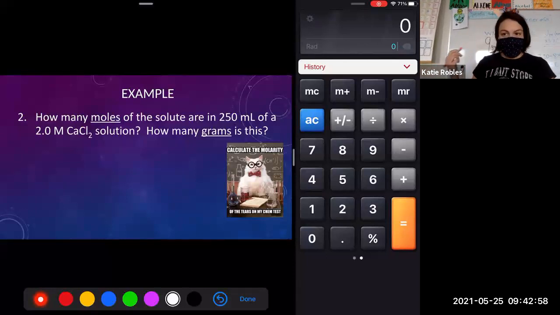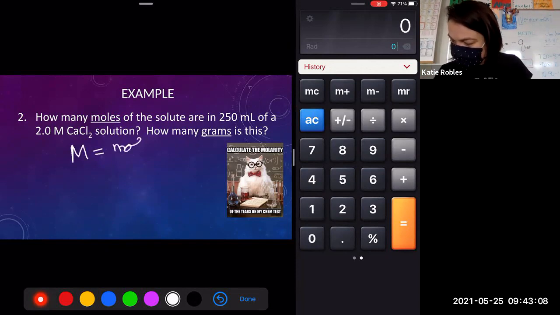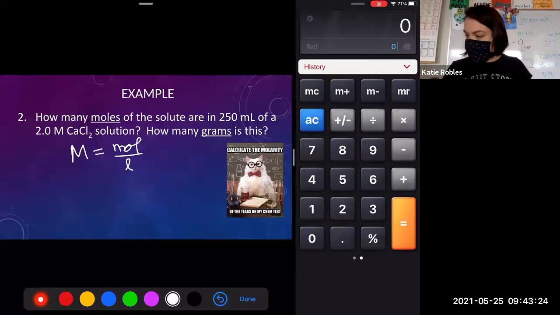Okay, so this one says, how many moles of solute are there? So we need to kind of work this one backwards. My equation right now is molarity equals moles over liters. But in this case, they've given me the molarity, but I'm missing the moles.